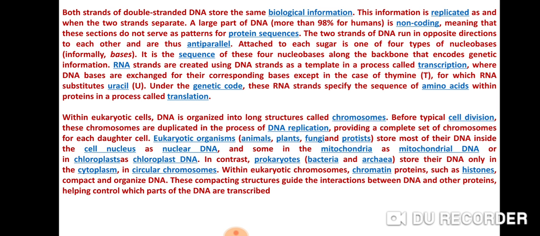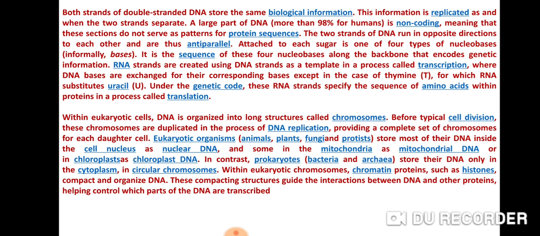Eukaryotic organisms like animals, plants, fungi, and protists store most of their DNA inside the cell nucleus as nuclear DNA, and some in the mitochondria as mitochondrial DNA or in chloroplasts as chloroplast DNA. In contrast, prokaryotes, bacteria and archaea, store their DNA in the cytoplasm in a circular chromosome.